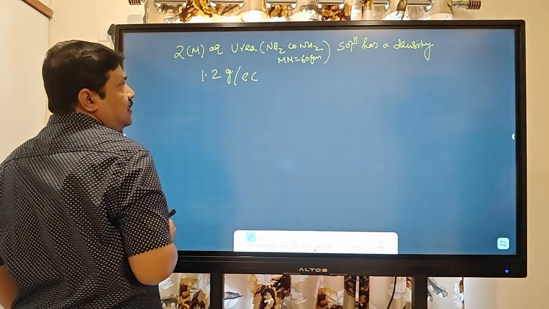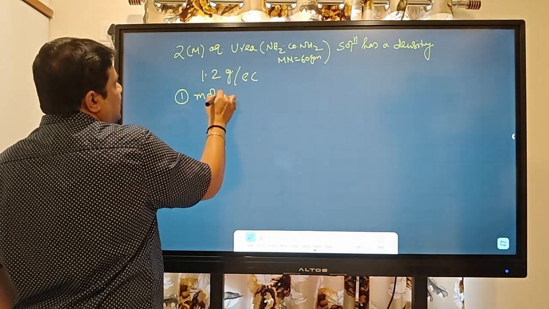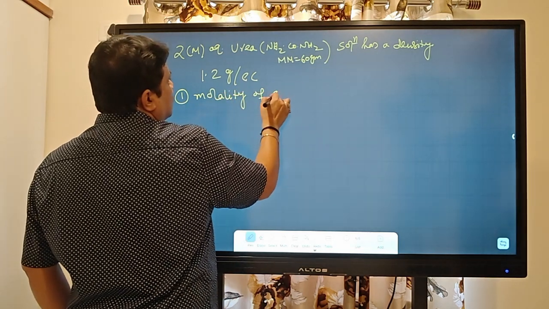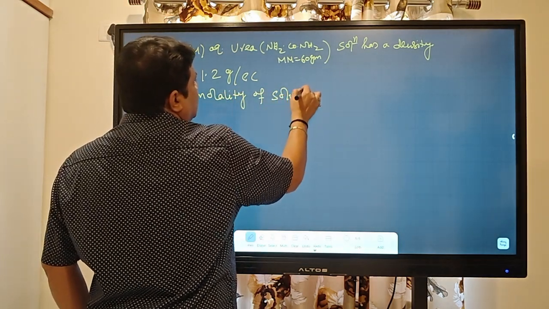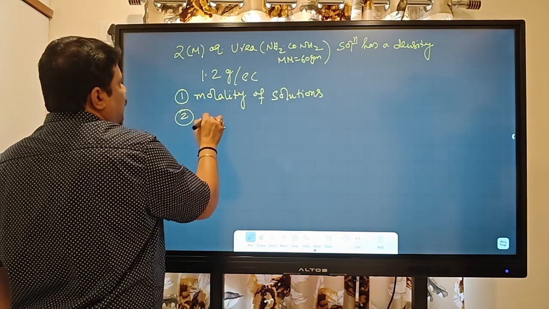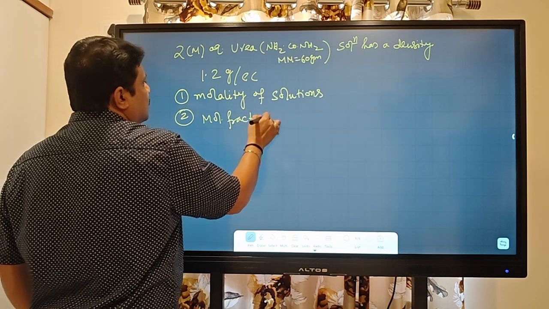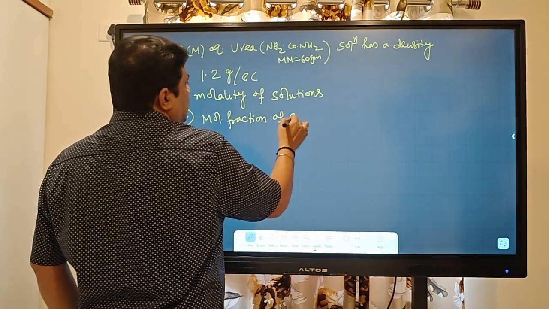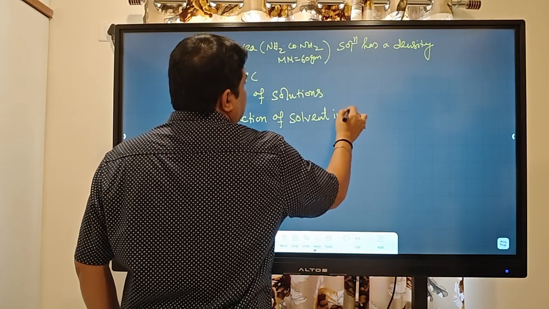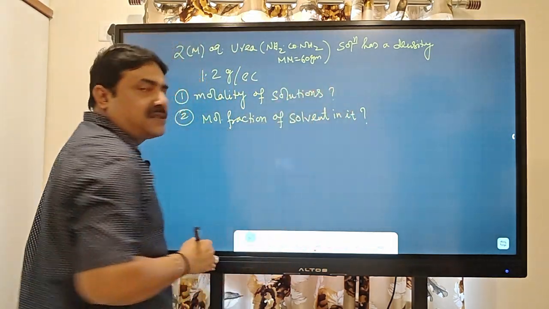Cc means ml. Their first question is the molality of the solution. The second question is the mole fraction of solvent in it. Those were the 2 questions they asked based on this data.